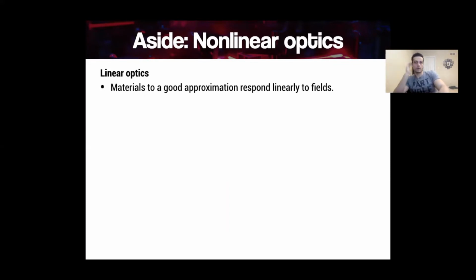So what do I mean by that? Well, it's really the combination of three properties. One of them is that one frequency of light comes in, and the same frequency of light comes out. So you come into a material, and when you come out of the material, the frequency of light is the same.